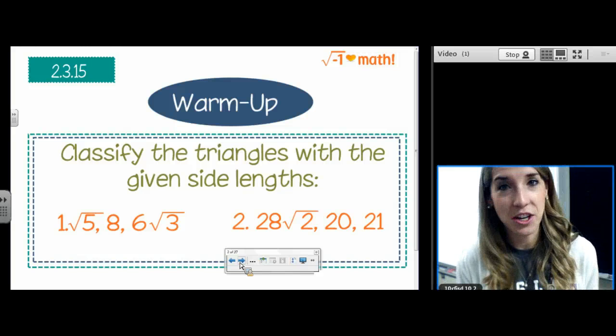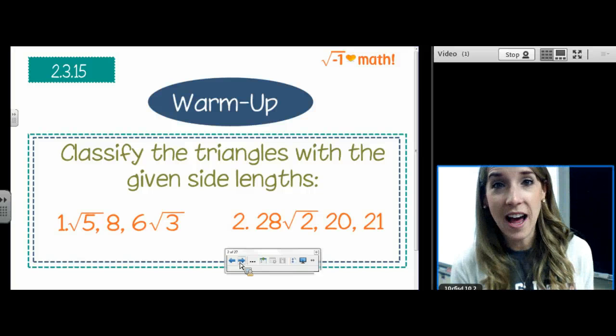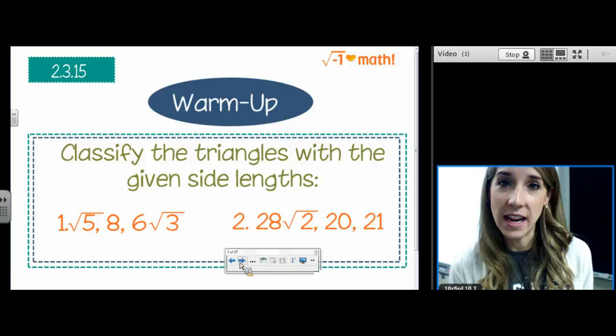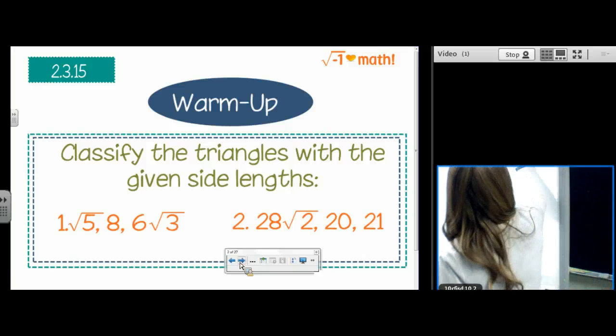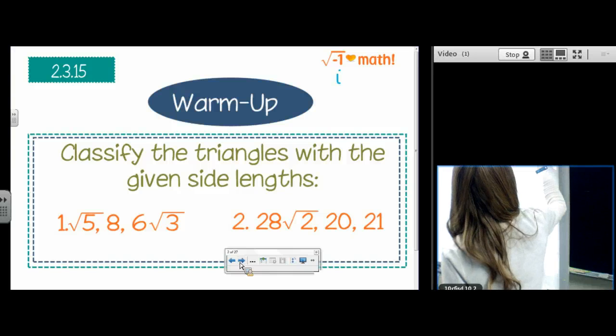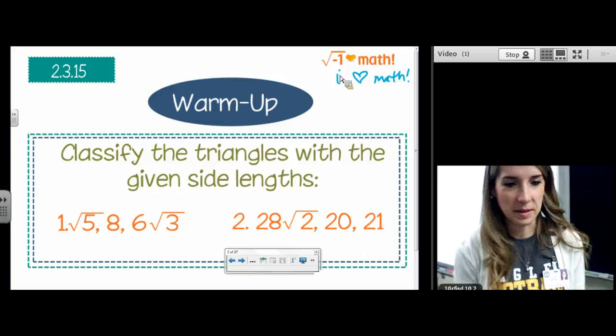So anyways, you get an imaginary number, and it's appropriately called lowercase i. The square root of -1 is lowercase i. So it's I love math. That's what it is.